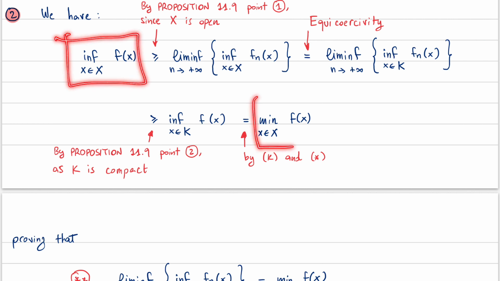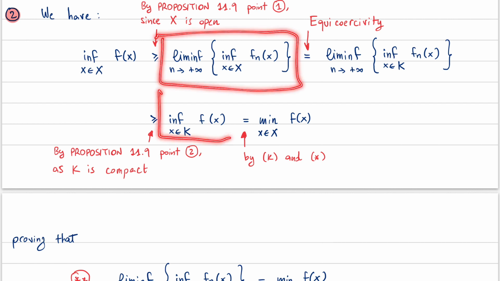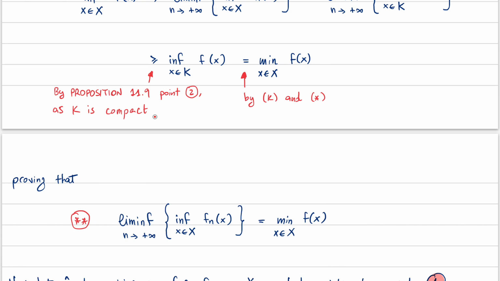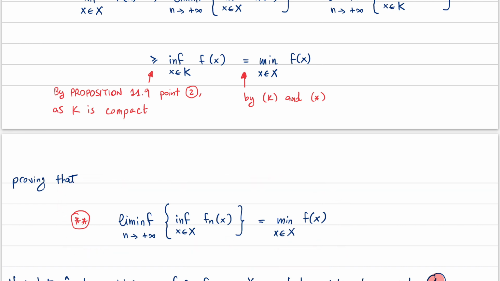This guy is equal to this guy again since f admits a minimizer by point 1. So it means that everything inside this inequality is equal. So this is equal to this one in particular. So in particular, we just proved that the lim-inf of the infimum problems is equal to the minimum of the gamma limit.